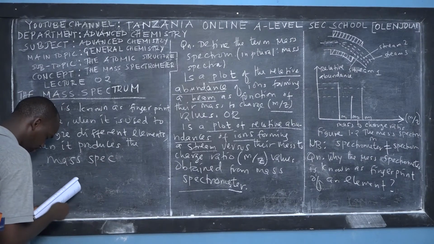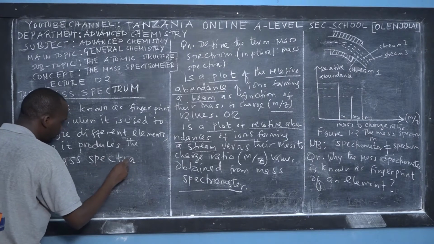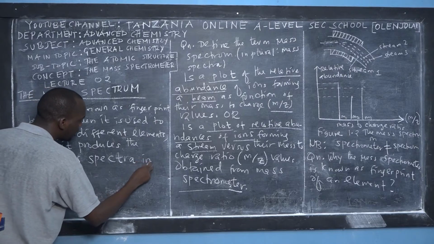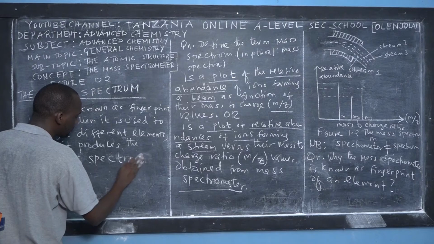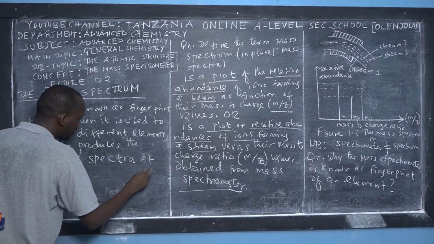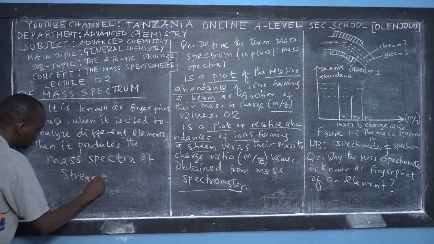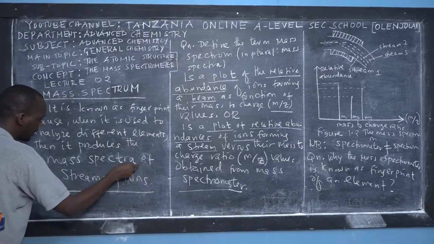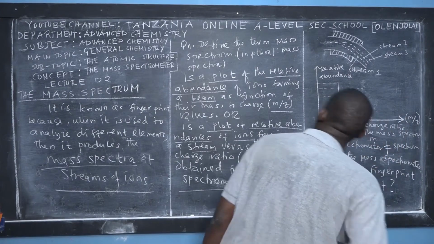Call it spectra or spectrum. The mass spectra in plural because there is more than one spectrum, in the form of streams of ions. These are the reasons why it is called a fingerprint.